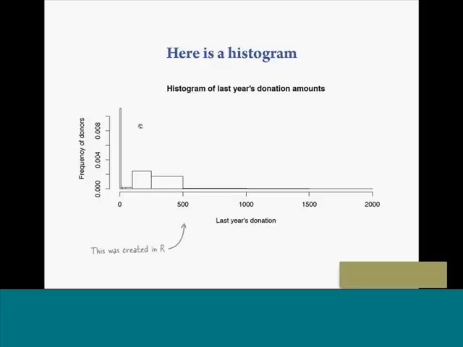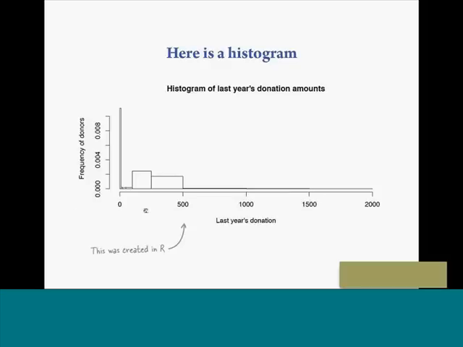I actually went into R and told R the bin amounts, and it gives us all these blocks of different lengths with different heights. Now, why would these blocks be of different lengths? Why would it not just be like a regular bar chart that shows one bar for each bin? Well, the reason is that this is a continuous range of numbers down here at the bottom.